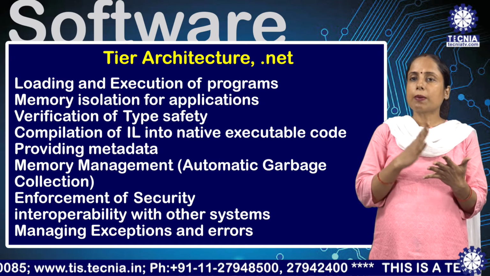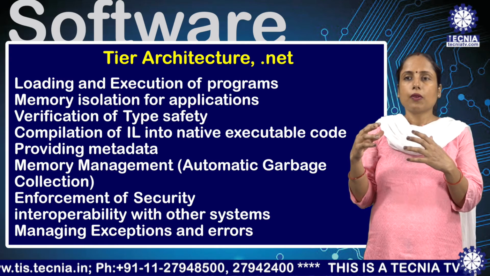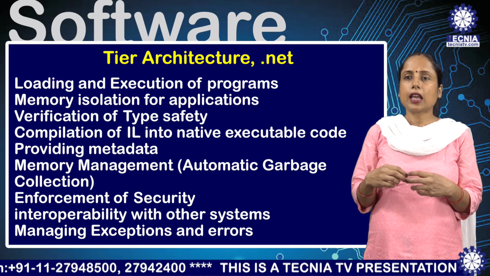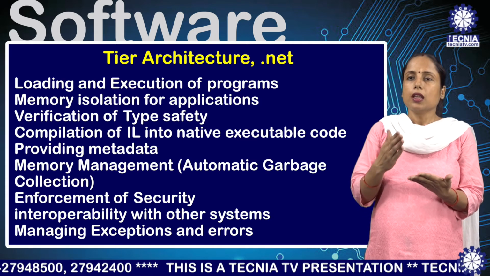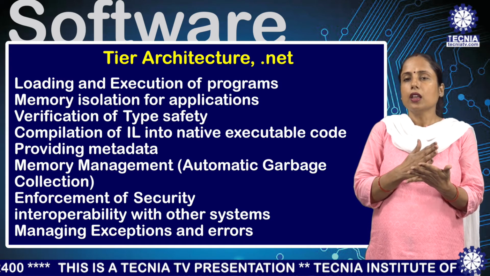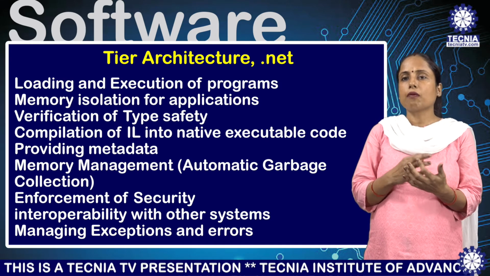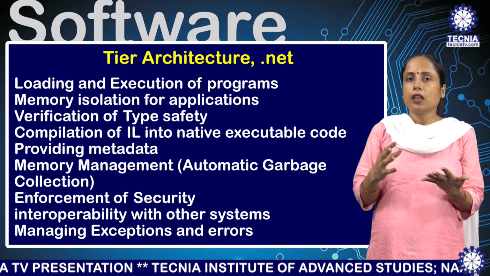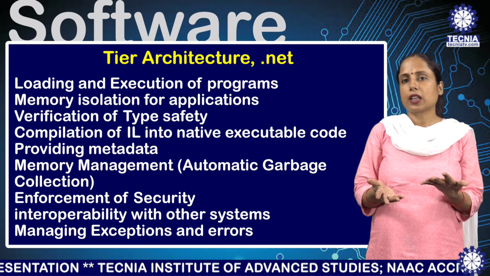This means whenever the memory required by the variables allocated in a program is not required anymore, the .NET program will automatically deallocate that memory. That is known as automatic garbage collection.